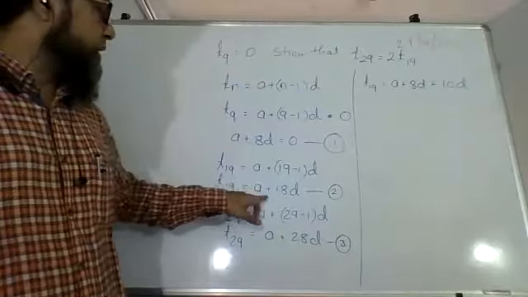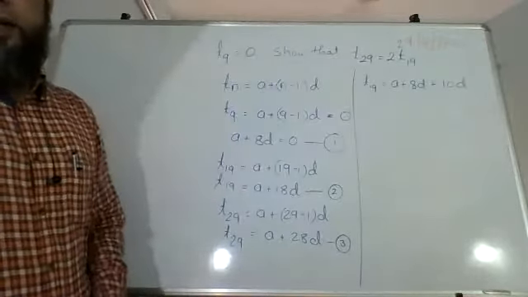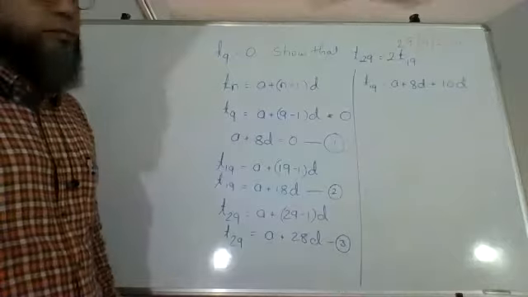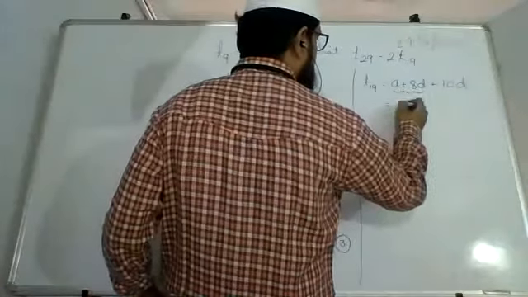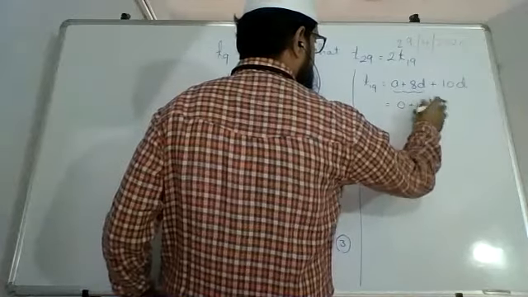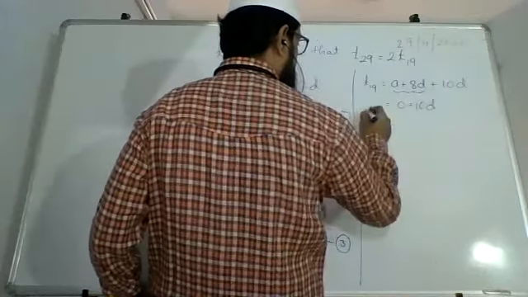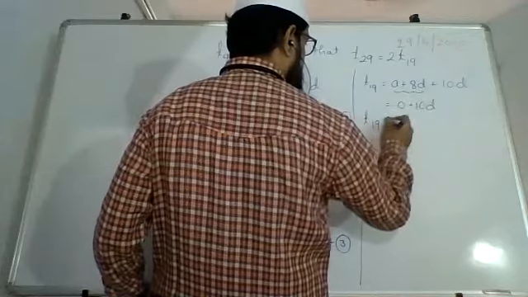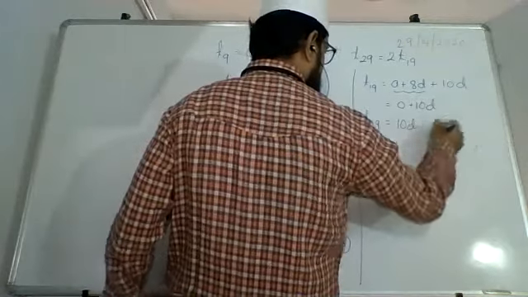So T19 is A plus 8D plus 10D. A plus 8D is 0. So this is 0 plus 10D. T19 equals 10D.